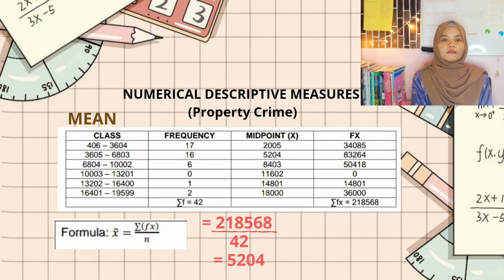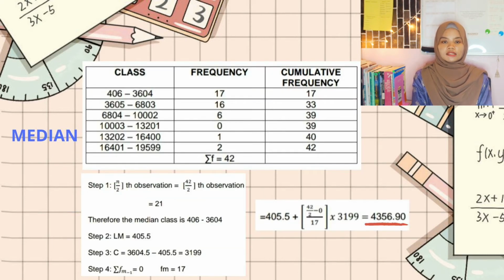For fx, it is frequency times midpoint. The formula for the mean is summation fx divided by n, and the total for the mean is 5204. For the median, you can see the formula in the slide, and the total answer for the median is 4356.90. Next is mode.